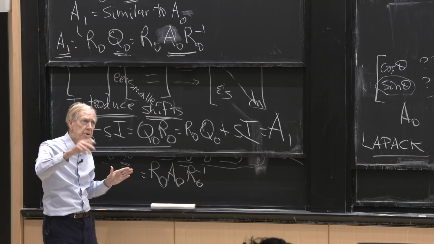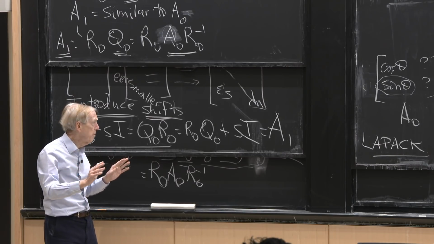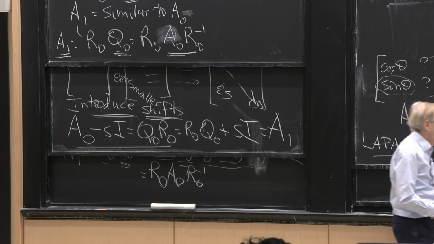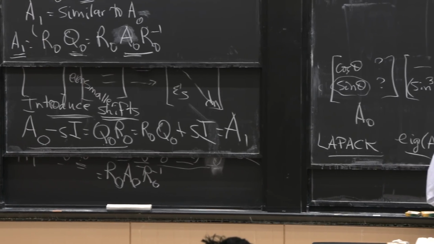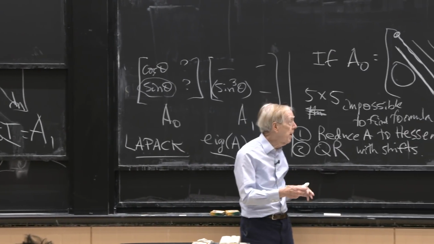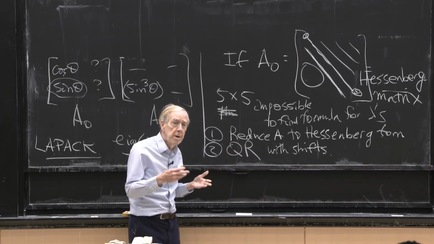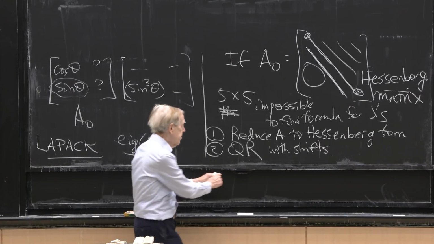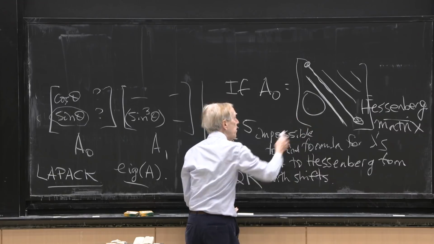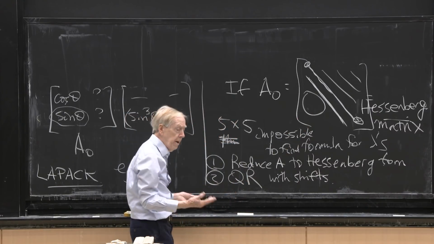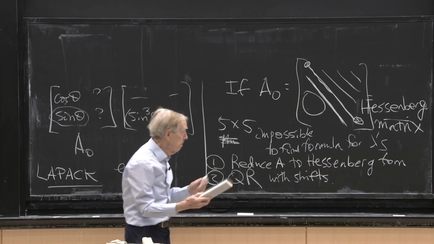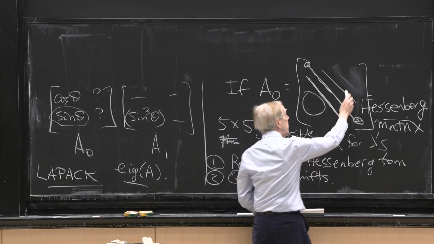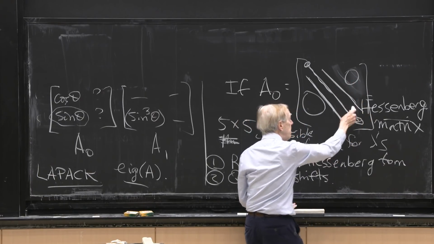But that Q0 inverse is the same as Q0 transpose because it's an orthogonal matrix, and symmetry would fall out. So if it's symmetric, and it's in Hessenberg form, and it stays symmetric at every step, what can you tell me about a symmetric Hessenberg matrix? You just erase all these. If there's zeros there, and if the matrix is symmetric, then we can safely predict that it will only have one non-zero diagonal above the main diagonal. In fact, it'll stay symmetric.